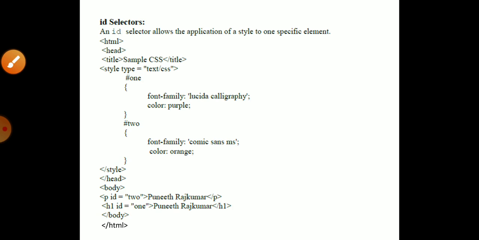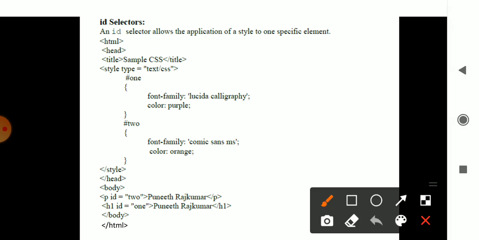In the same way, an ID selector is nothing but mentioning an ID instead of a class, in a numbered format, where a hash symbol is used for the ID part. HTML, head, same thing, title, the sample CSS, then style, text slash CSS, then hash 1 and hash 2 are considered with their own font and color. Style close, head close.